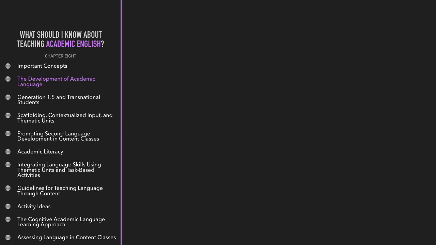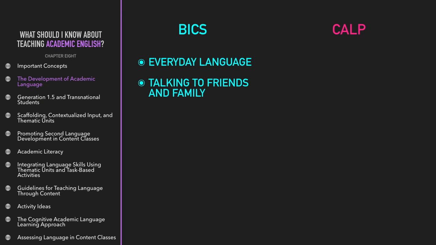Cummins coined these skills Basic Interpersonal Communication Skills, or BICS, and Cognitive Academic Language Proficiency, or CALP. BICS refers to the everyday, here and now language that we commonly use when talking to family and friends. CALP, on the other hand, is the more abstract language used in academic classes, like this class.